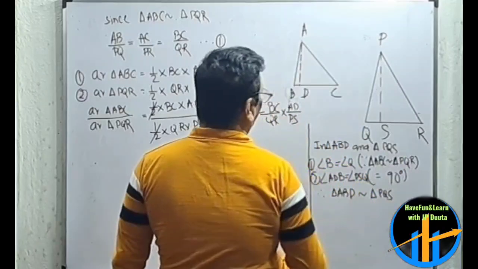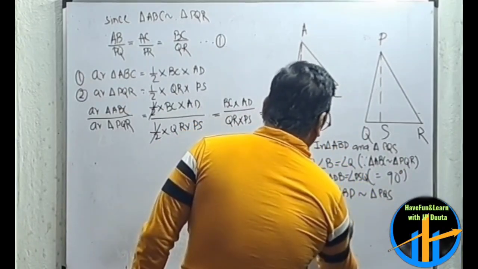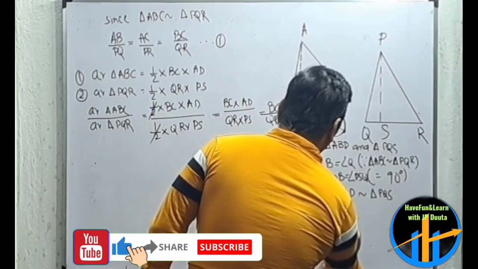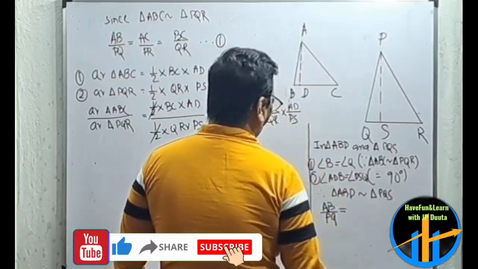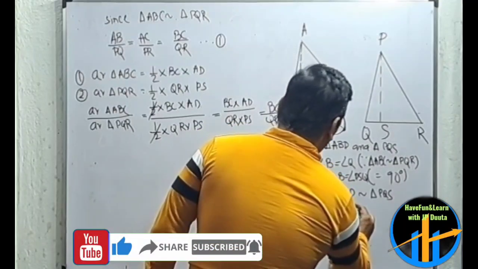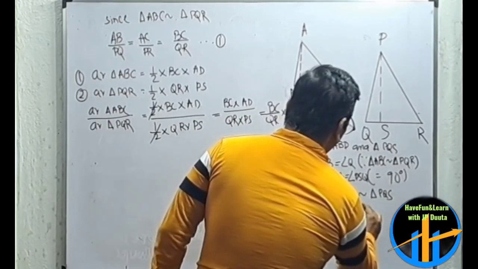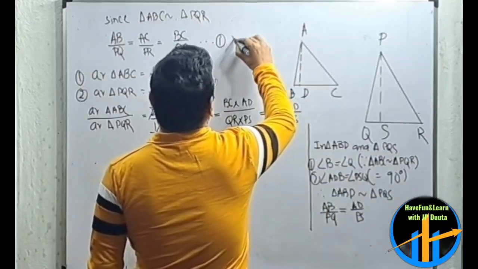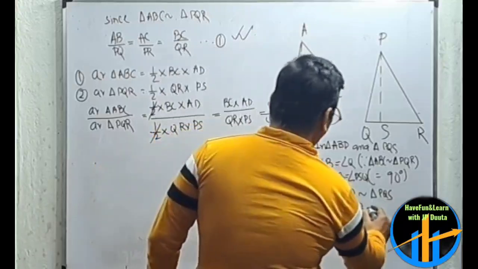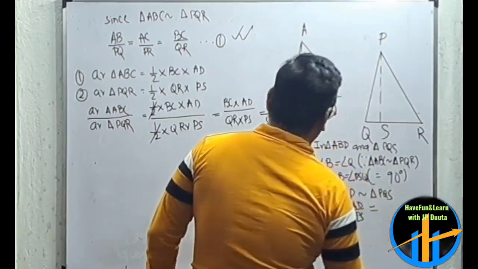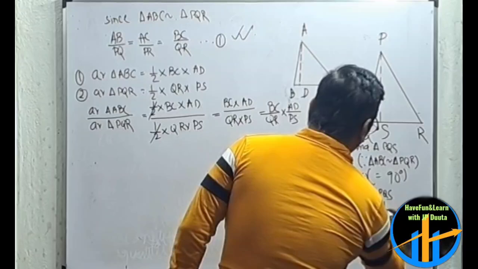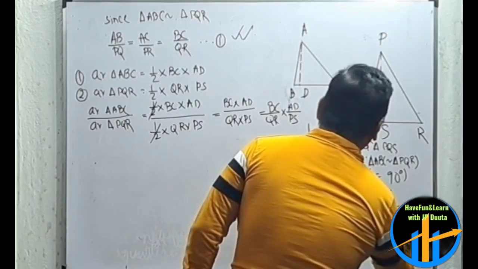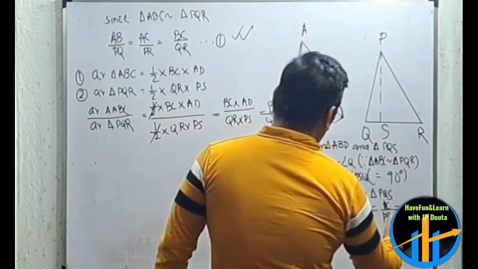So if so, we can write AB by PQ is equal to AD by PS. Right? And from here, if you compare this, we can write this is equal to AC by PR and also equal to BC by QR.